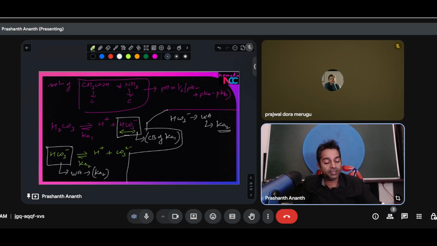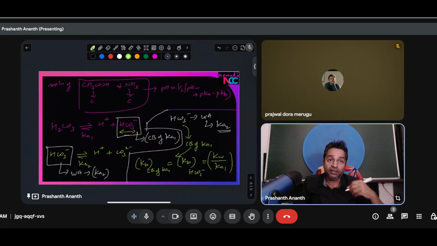But the same HCO3- is also going to be the conjugate base of Ka1. Meaning, if I am considering the Kb for this, that is also something which we can now get. Kb for the conjugate base of Ka1 is going to be the same as Kb for my HCO3-. This is of course going to be Kw by Ka1.